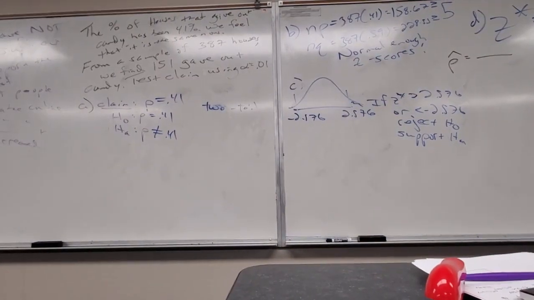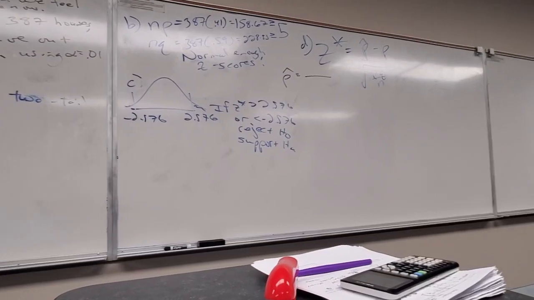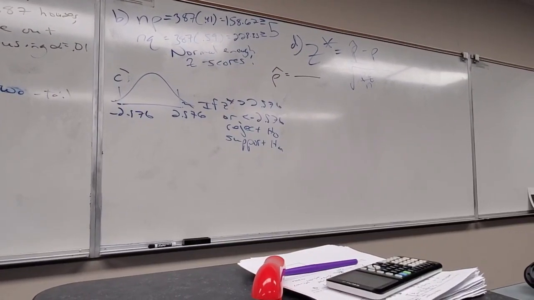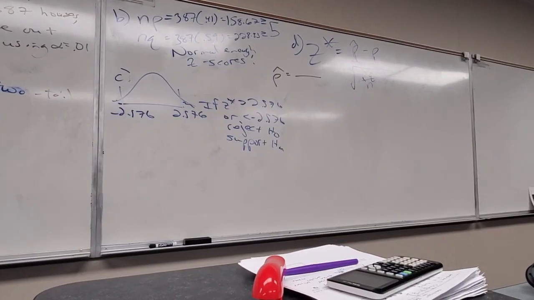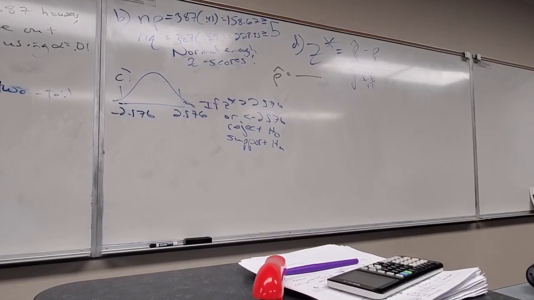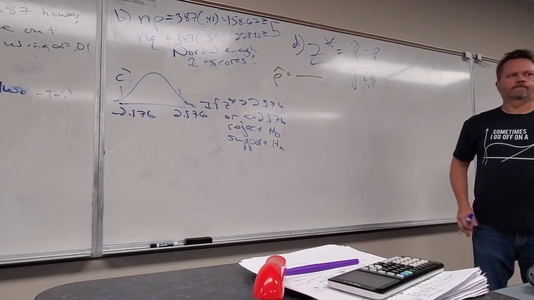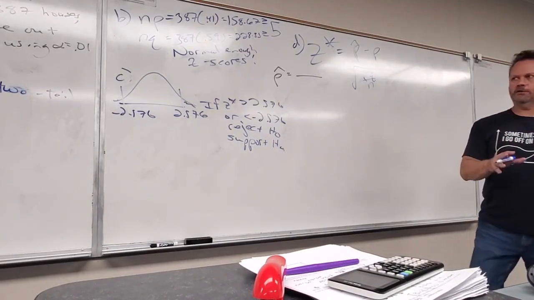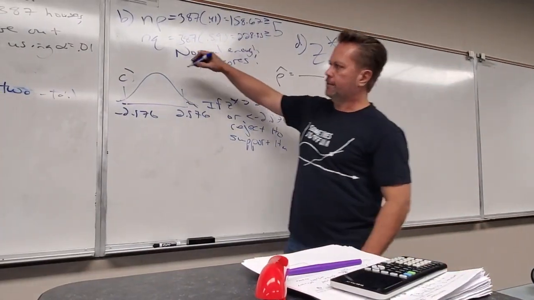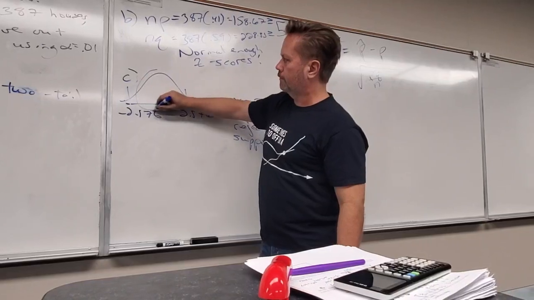All right, let me stop for a minute. Let everybody at home see what's going on. So again, just to remind you guys, the null is the one who thinks it should be in here, right?